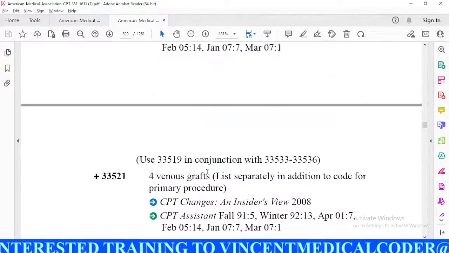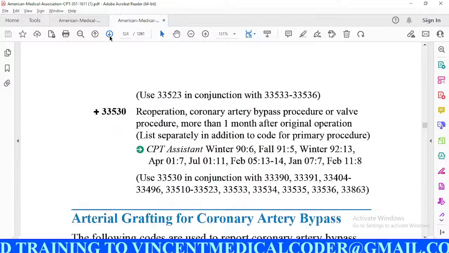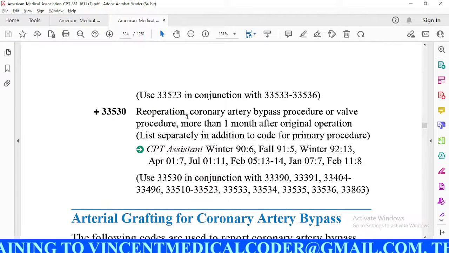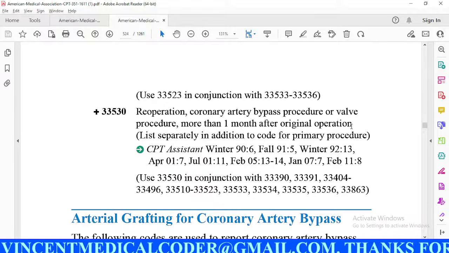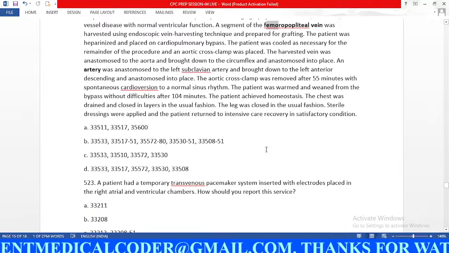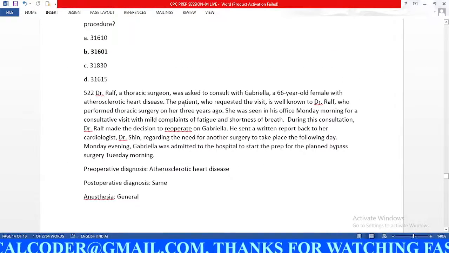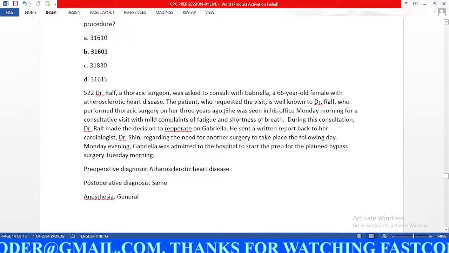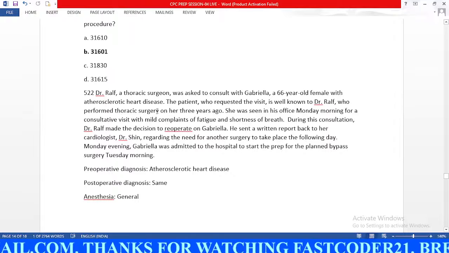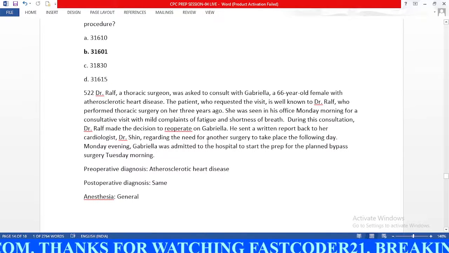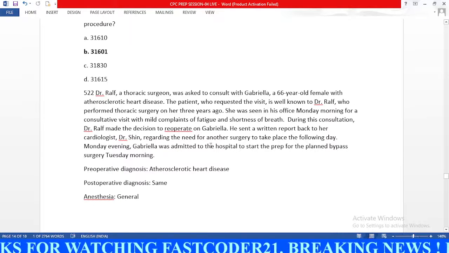What is 33530? This is reoperation coronary artery bypass procedure or valve procedure more than 1 month after original operation. So based on this description, the patient had surgery 3 years ago. First one was thoracic surgery, and now the patient is going to have another bypass procedure.